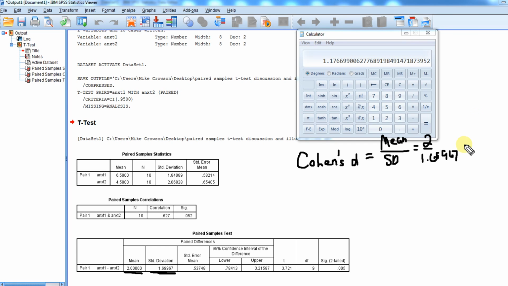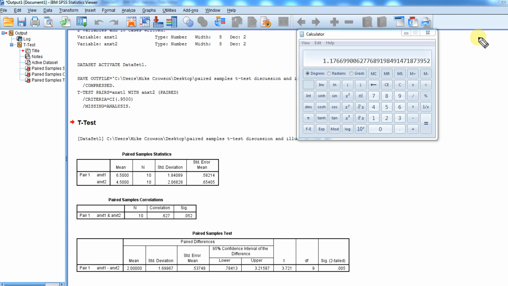At this point, that is referred to as the standardized difference in means, since we're just dividing a mean difference by a standard deviation. So 1.177. How do we judge this?